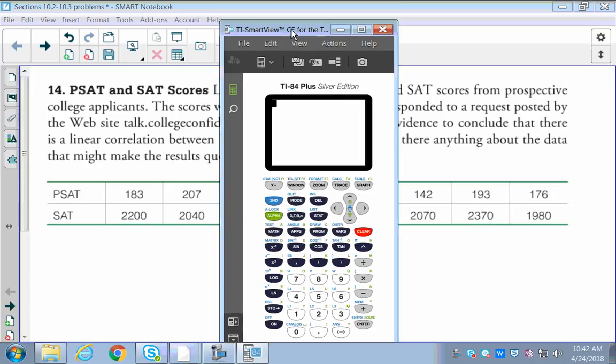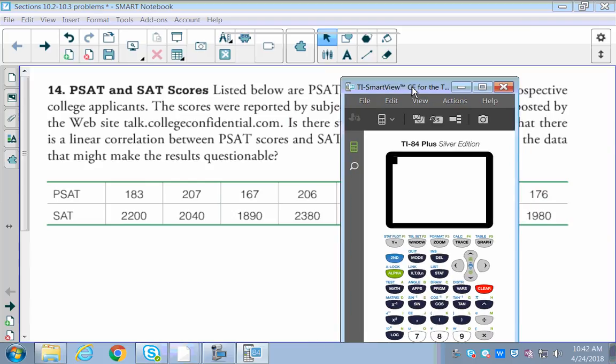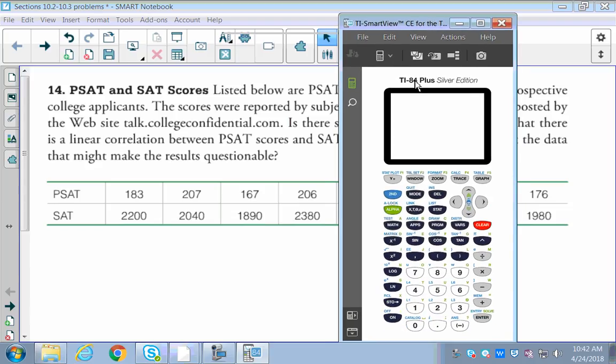Okay. So our X, or our independent variable, is going to be our PSAT scores, and our dependent or Y variable is going to be our SAT scores. And just like we've been doing all semester, we're going to go right into our stat and edit our lists.